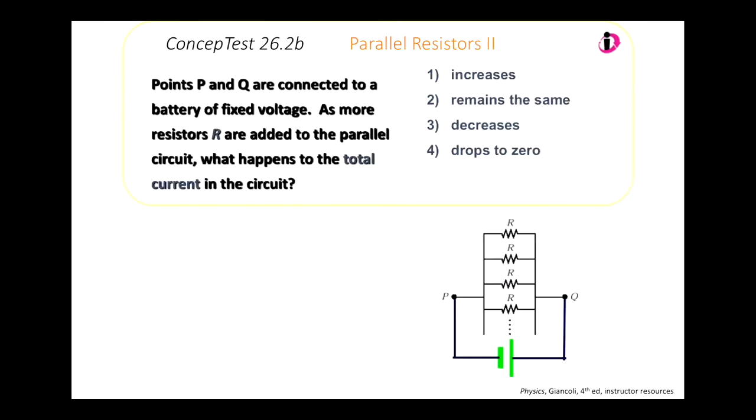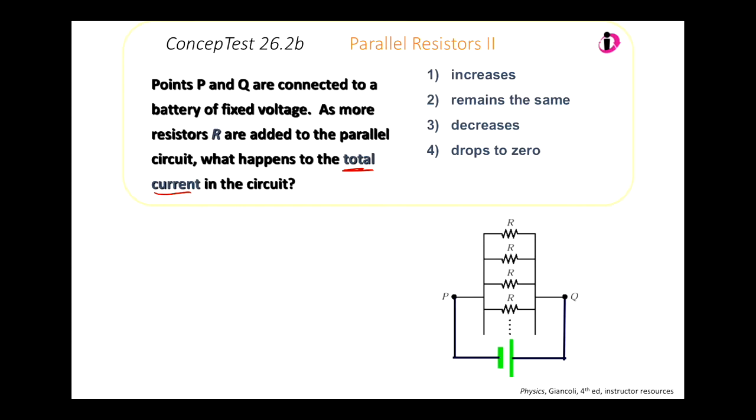What's happening here? Here we have parallel resistors with an ellipsis to indicate we're just going to add more and more resistors in parallel. What happens to the total current in the circuit if I increase the number of resistors in parallel? I'm seeing some votes for increases.